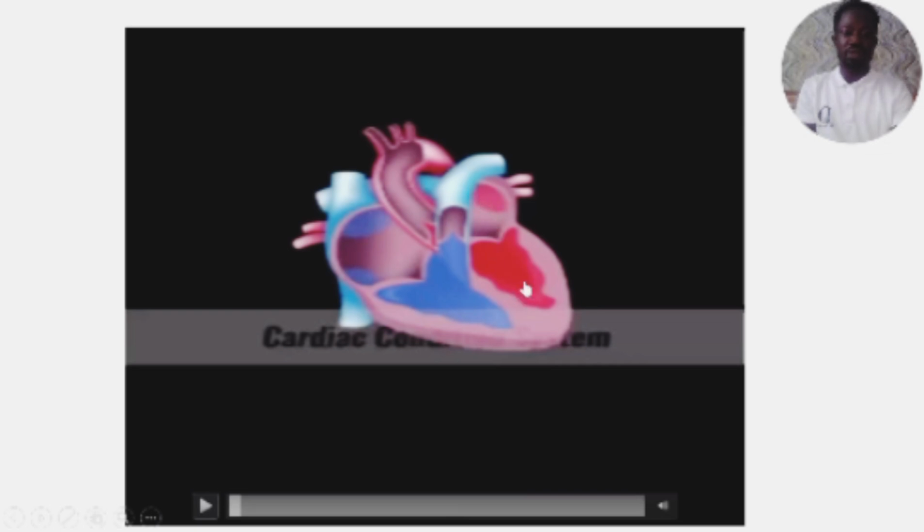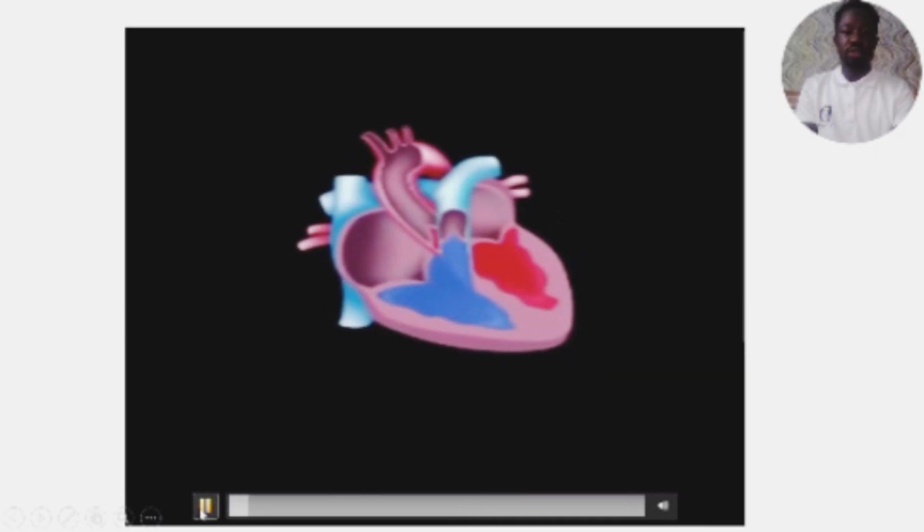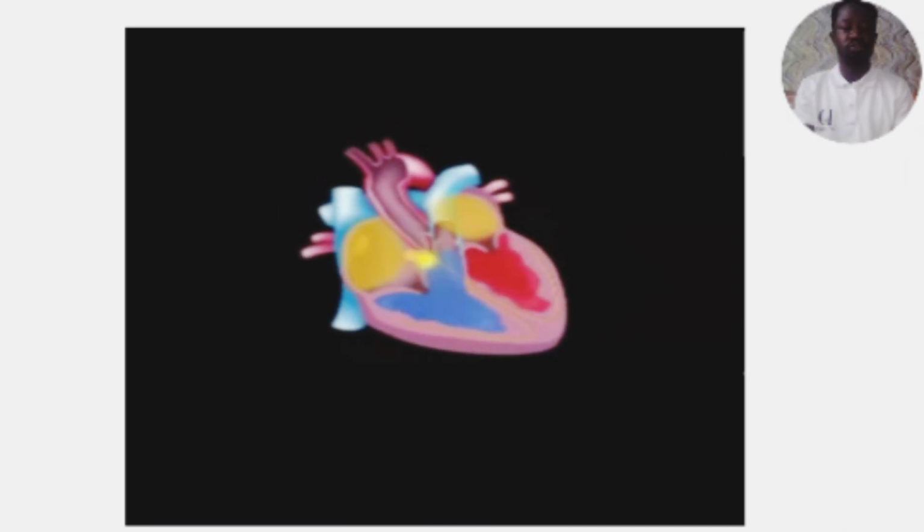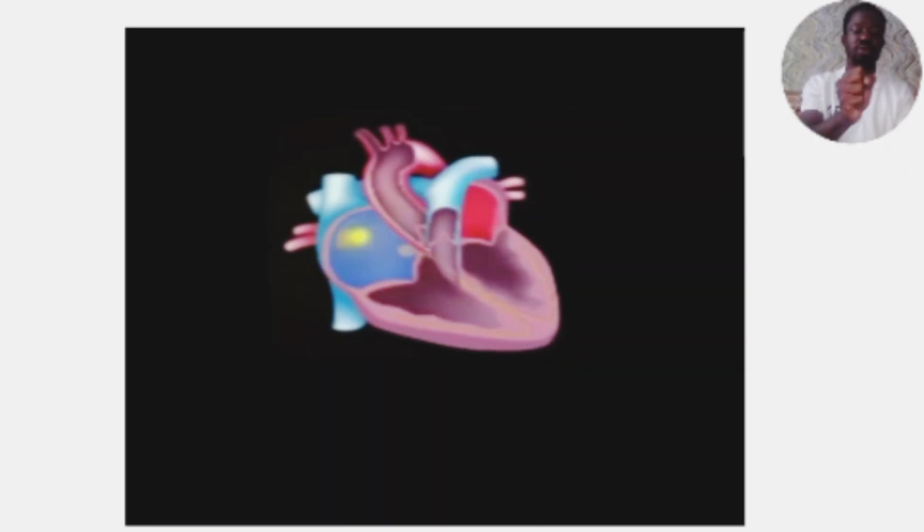So currently the ventricle is filled. Once the ventricle is filled, the ventricle is now going to contract while the atrium relaxes. You see here? So this is the conduction system of the heart, the way in which your heart is going to contract. The first contraction takes place within the atrium, and the second contraction takes place within the ventricle.